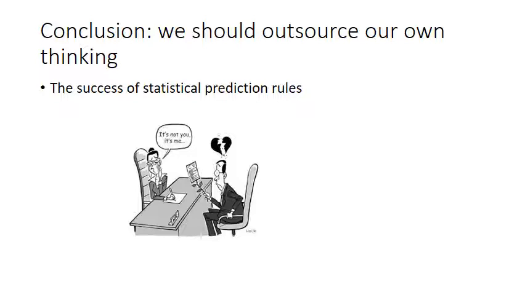It seems that in all of these domains, and there's many more, statistical prediction rules do at least as well as the best experts and often outperform the best experts. So a typical case in which human thinking is actually scaffolded and becomes much better by actually, you could say, outsourcing that thinking.